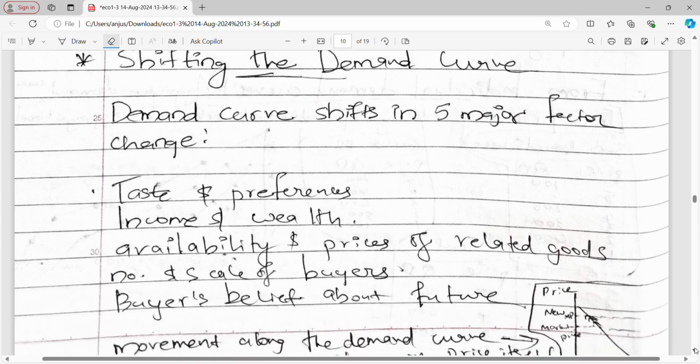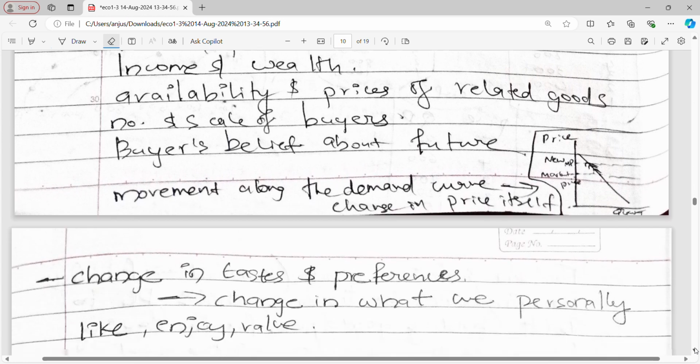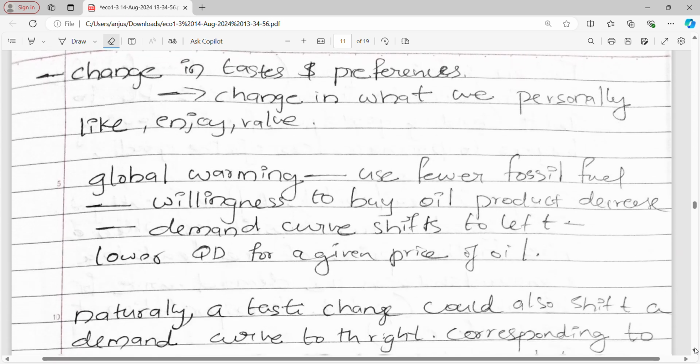So when the demand curve shifts, there are five factors which influence a shift in the demand curve. So let's see them. The first one is a change in tastes and preferences. Tastes and preferences can be your likes, enjoyments, values, your hobbies; everything will matter here.